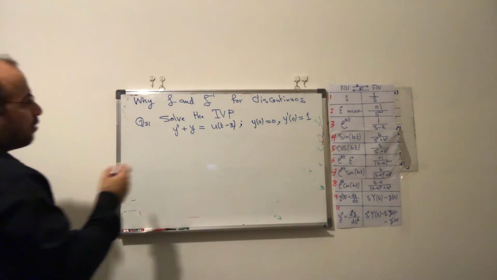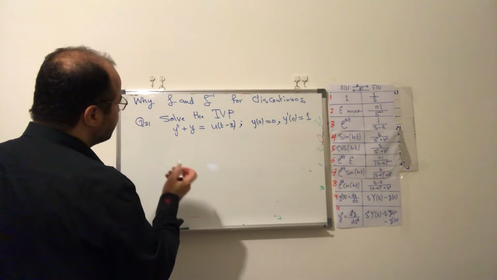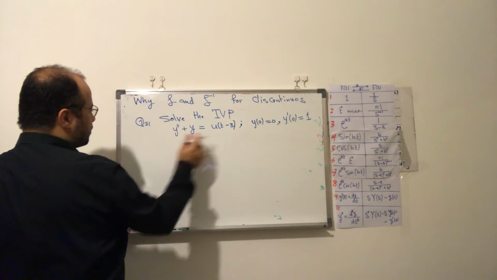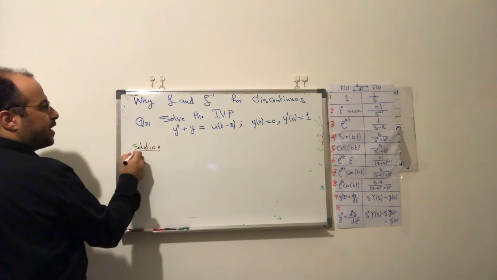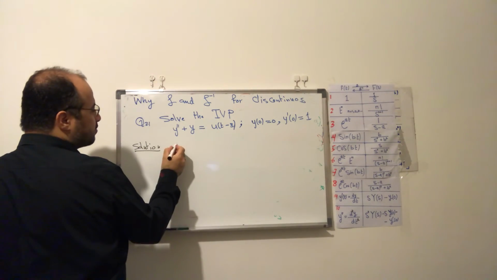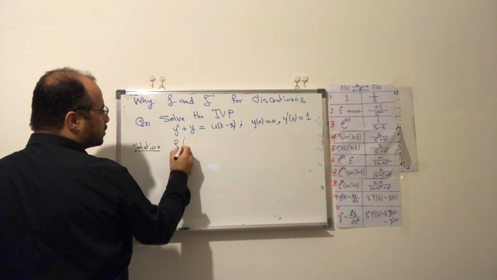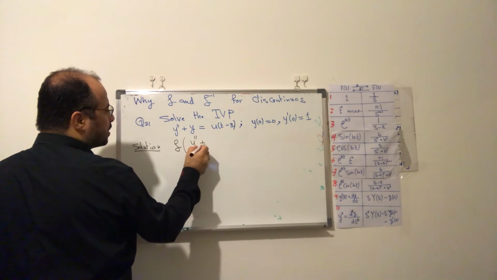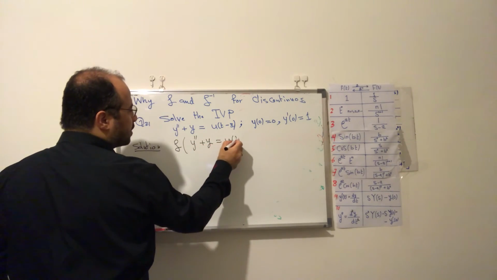Now, how do we solve this? We know how to solve this. There are steps to solve this equation. First step, you take the Laplace transform for the whole equation, which is y double prime plus y equal to u of t minus 3.